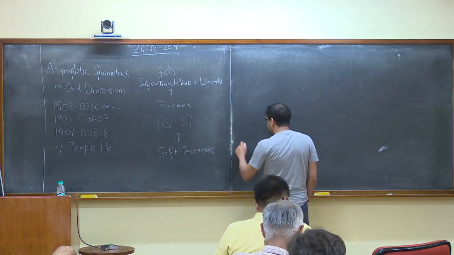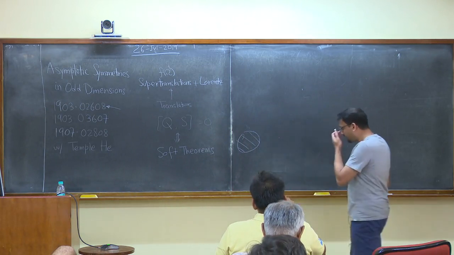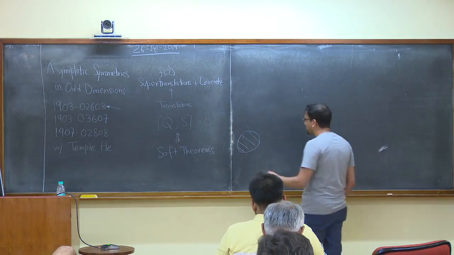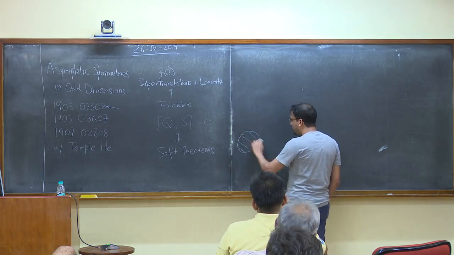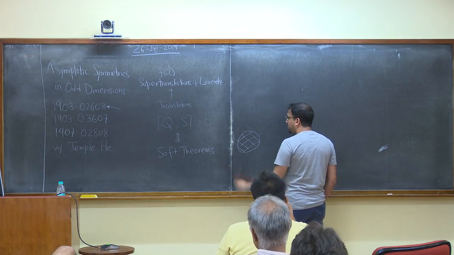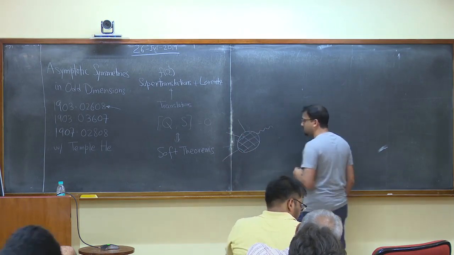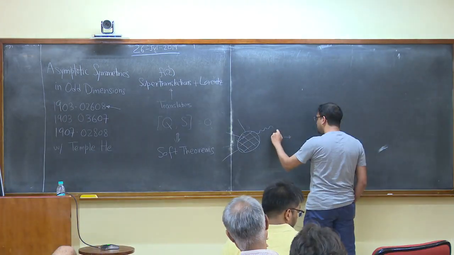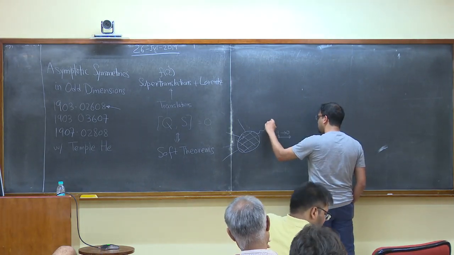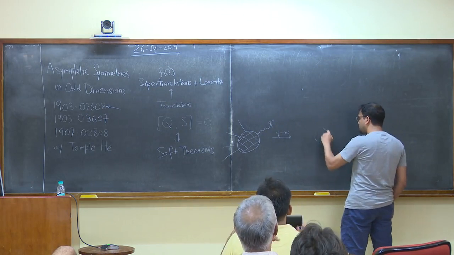So soft theorems are something you study probably in a QFT 1 course. The statement is very, very simple and very, very general. You have some scattering amplitude, and you have, let's say, one massless particle attached, and in the limit when I take the momentum of this massless particle to 0, then a soft theorem states that you end up getting something that looks like the original amplitude.